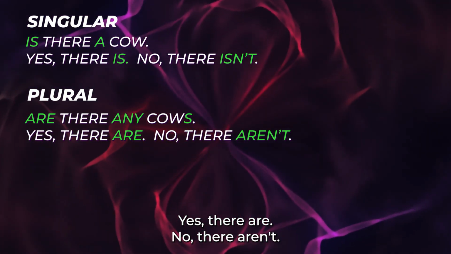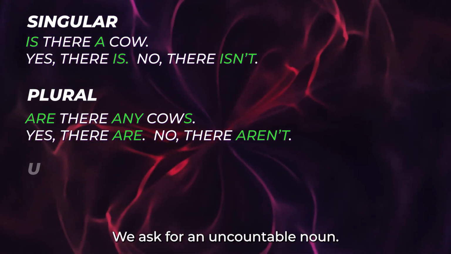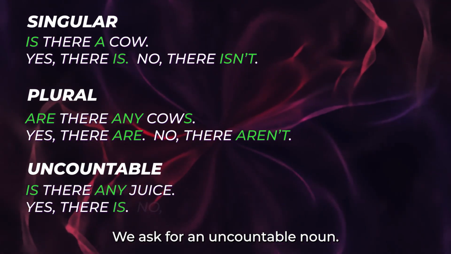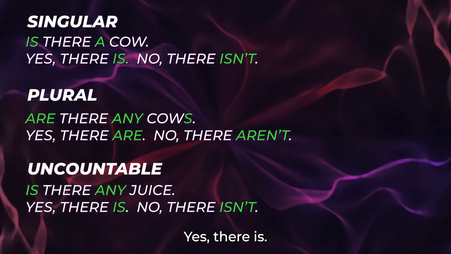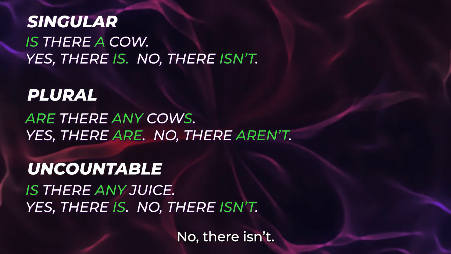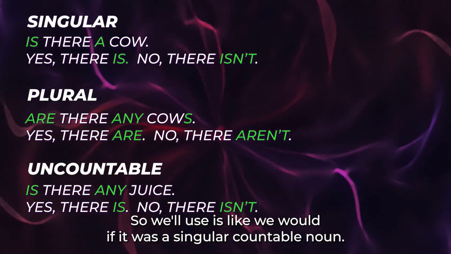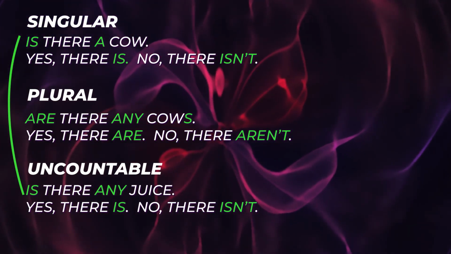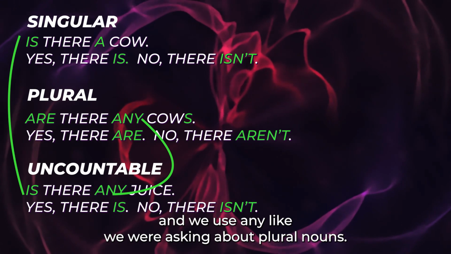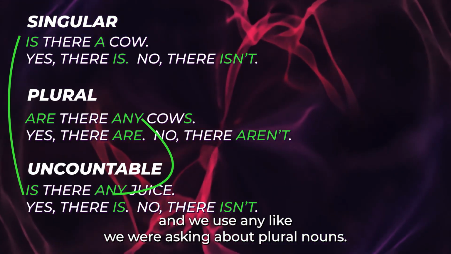No, there aren't. Compare this when we ask for an uncountable noun. Is there any juice? Yes, there is. No, there isn't. So we'll use is like we would if it was a singular countable noun, and we'd use any like we were asking about plural nouns.